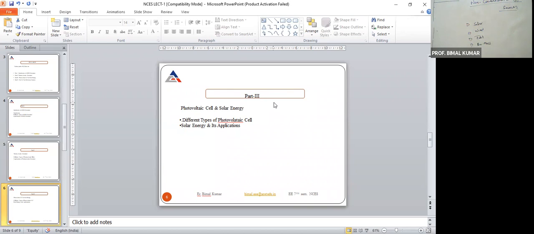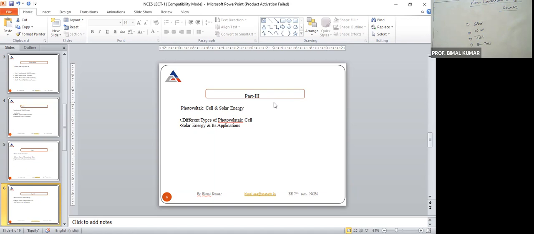Applications, whenever some solar energy is available in small voltage, if we want to increase this voltage, cells may be connected in series, right? And if we want to increase the current, cells may be connected in parallel.